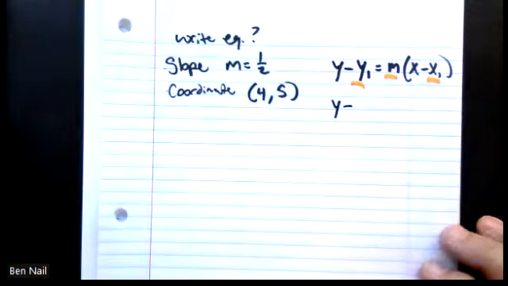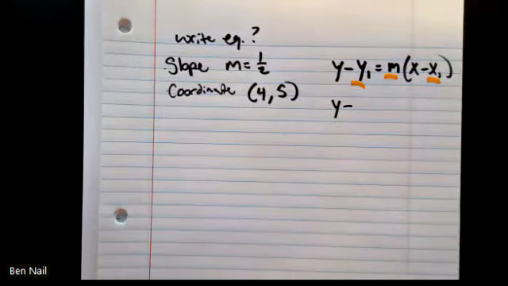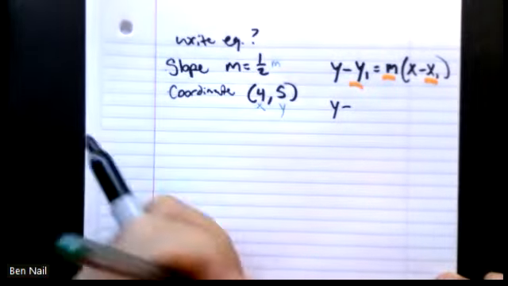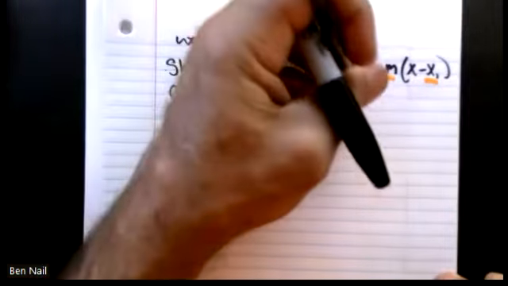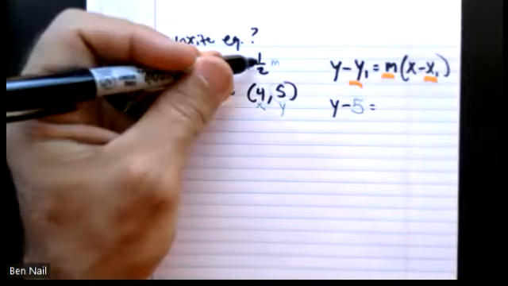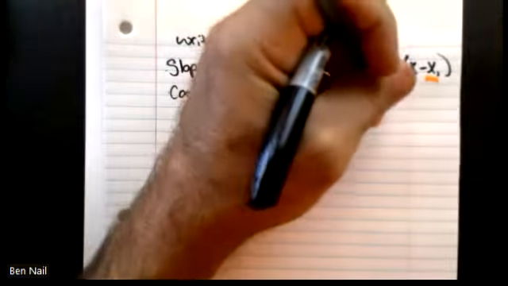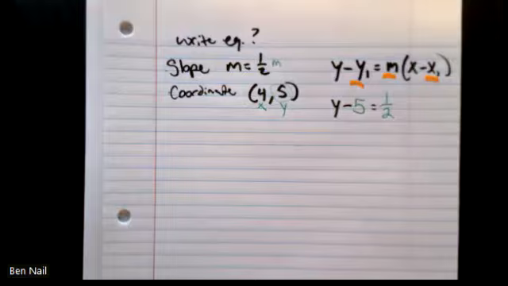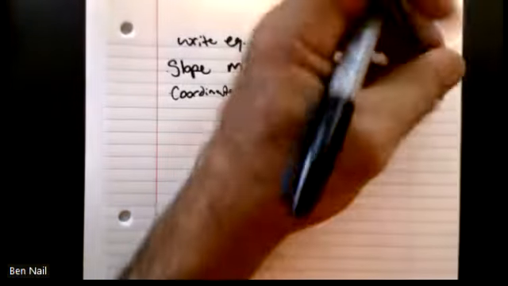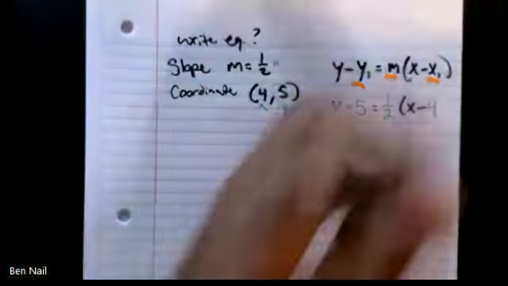So we're going to do y minus our y. So in this case, there's x, there's y, there's m. So our y is 5. M is 1/2. And x is 4.